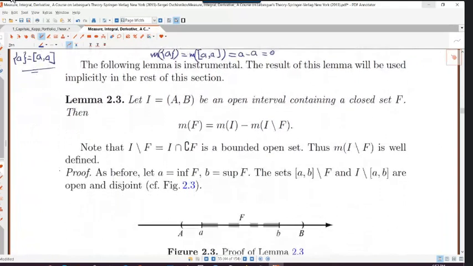The following lemma is instrumental. The result of this lemma will be used implicitly in the rest of this section.